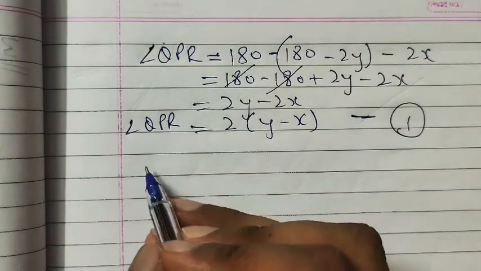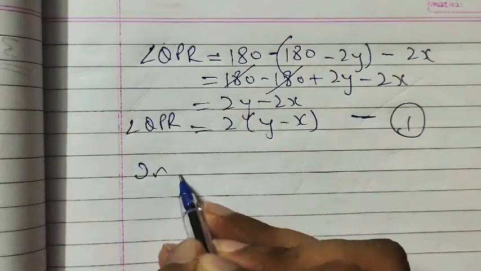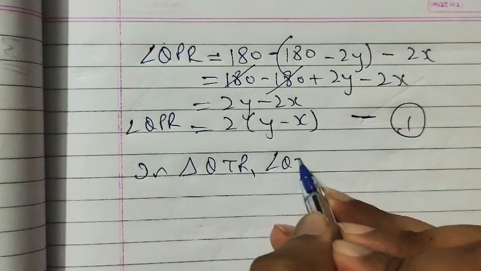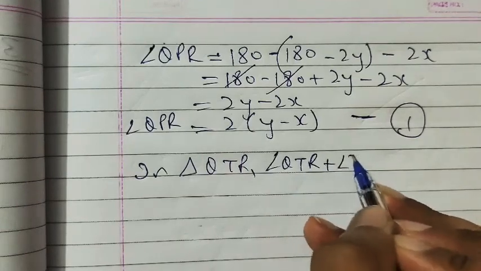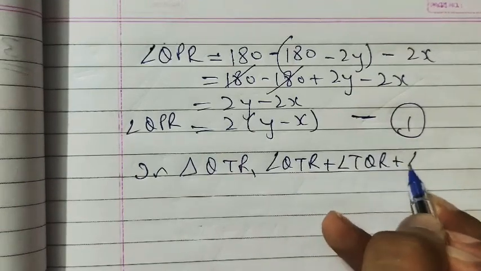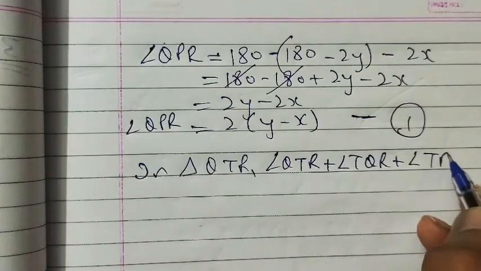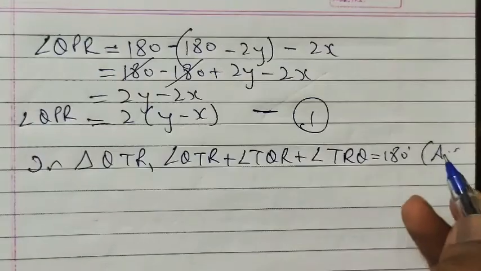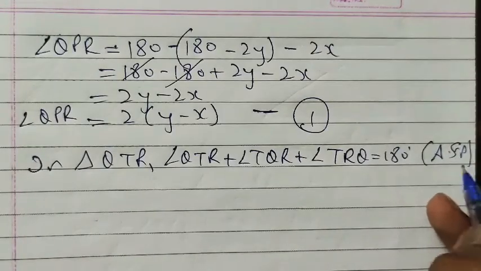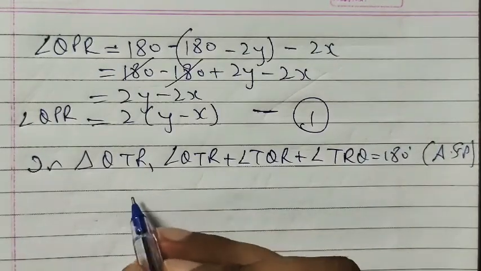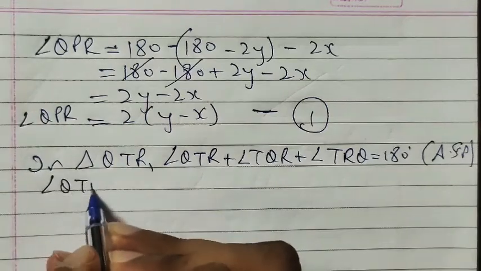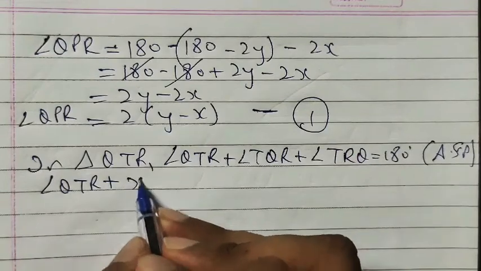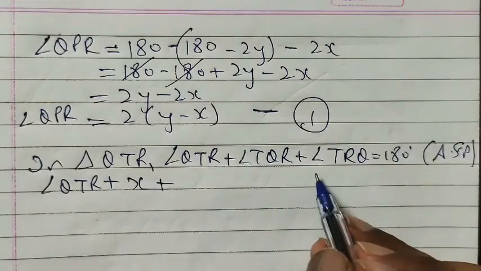Now similarly in triangle QTR, we know that angle QTR plus angle TQR plus angle TRQ is equal to 180. Same angle sum property, right? So QTR we have to determine, plus TQR is x from the figure, plus TRQ.